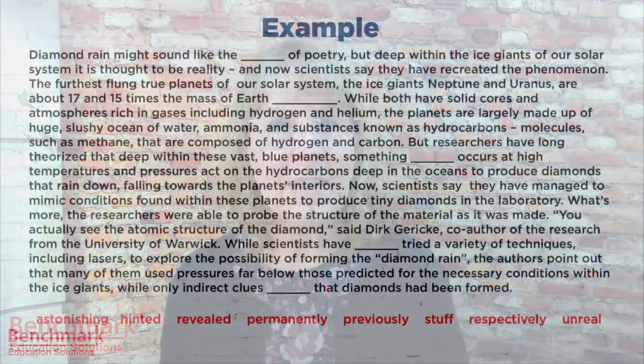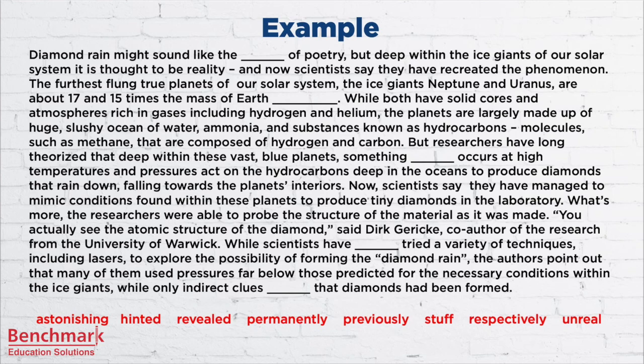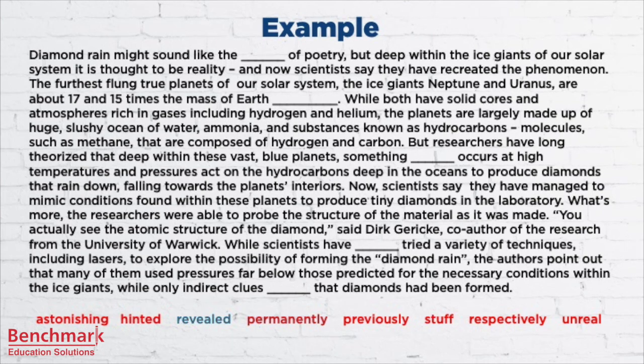Now here's our text with a word bank filled with possible answers. It's important to look at your answer options first, because this will give you a head start to know what your choices are before you read the text. Our choices are astonishing, hinted, revealed, permanently, previously, stuff, respectively, and unreal.